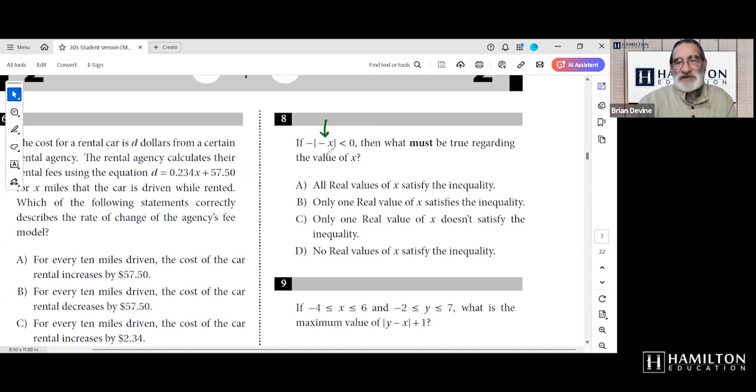And I think I could probably stick any number, but wait a second. I note that the negative of the absolute value of the negative of 0 is equal to 0, and 0 is not less than itself. So any number can go in there and it's going to come out to the left of 0 on the number line, except for 0. So there's only one real value that doesn't work, and that makes C the correct answer.